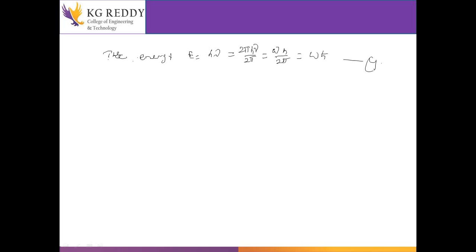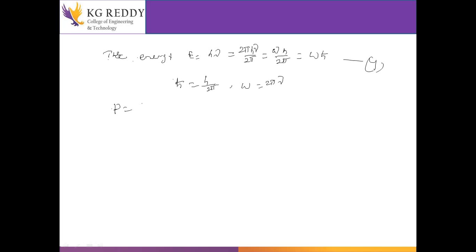I will give this equation number 4, where h cross equals h by 2 pi and omega equals 2 pi nu. Is it clear?